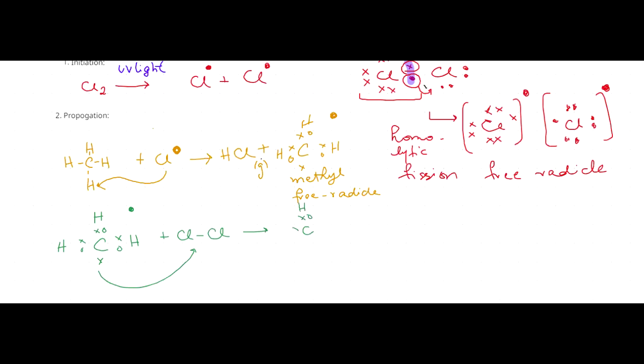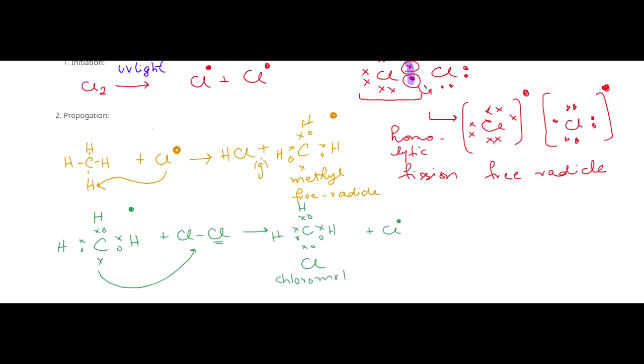Like this. So this was the last bond, this was empty. So it's going to snatch one of the chlorine atoms away and make a bond with chlorine. As a result, this chlorine is left behind as a free radical. This is known as chloromethane.